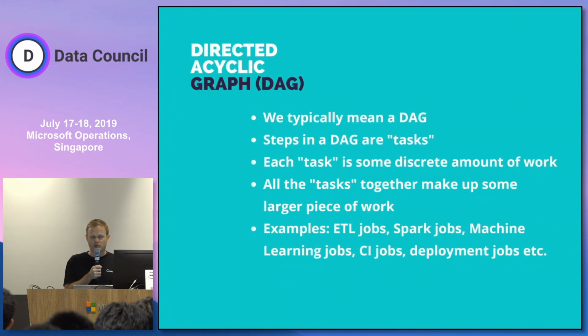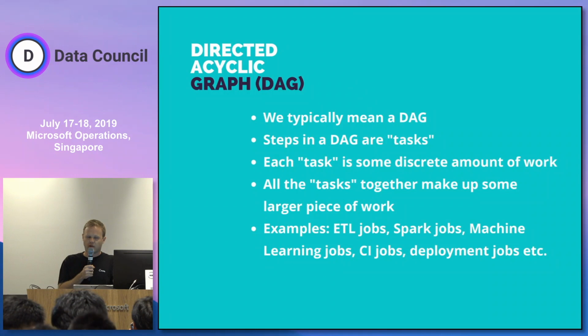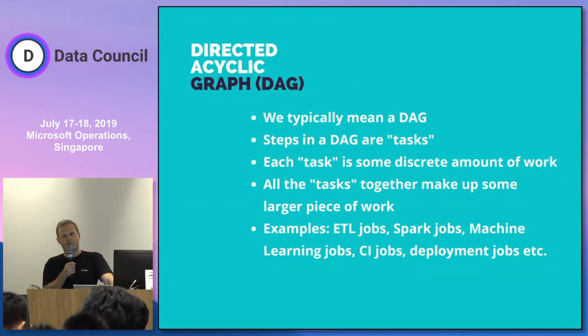But what we really mean when we're talking about a workflow in data engineering or machine learning is a DAG, or directed acyclic graph. A DAG consists of a number of steps or tasks, and each task is a discrete amount of work. These tasks have dependencies on other tasks, and certain tasks can run in parallel, while some tasks are required to run in a predefined order.